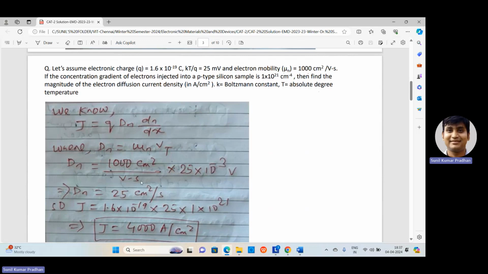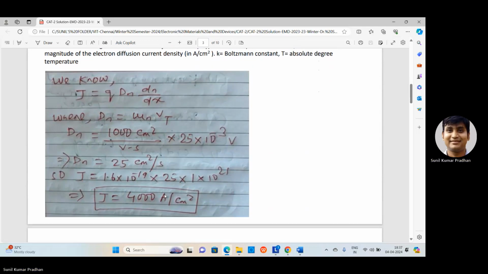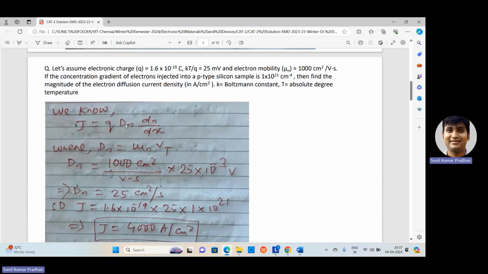Very important, we need to be very careful about the unit of diffusion coefficient. Okay, diffusion coefficient unit is centimeter square per second. Then once Dn we can find out, we can put this value here, because your dn by dx, that is the concentration gradient, is already given as 1 into 10 to the power 21 centimeter to the power minus 4.